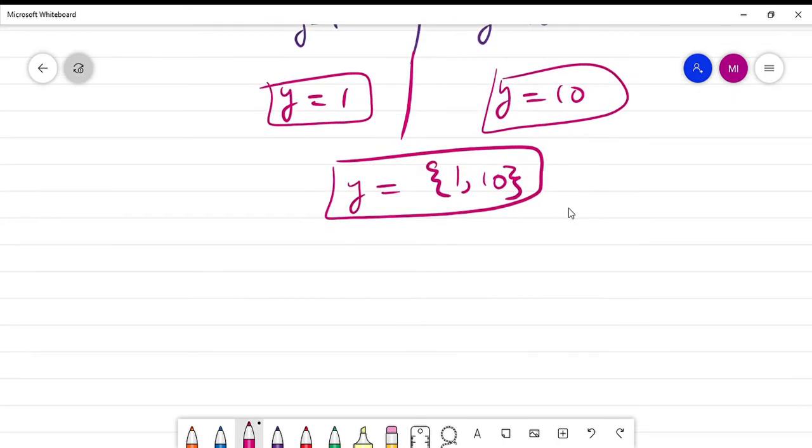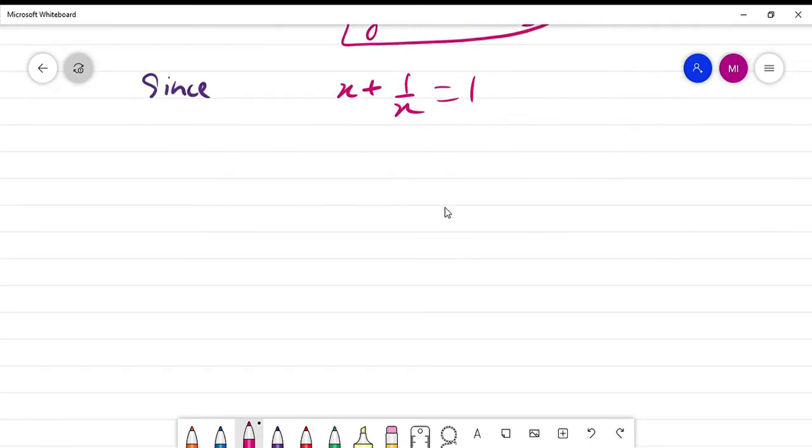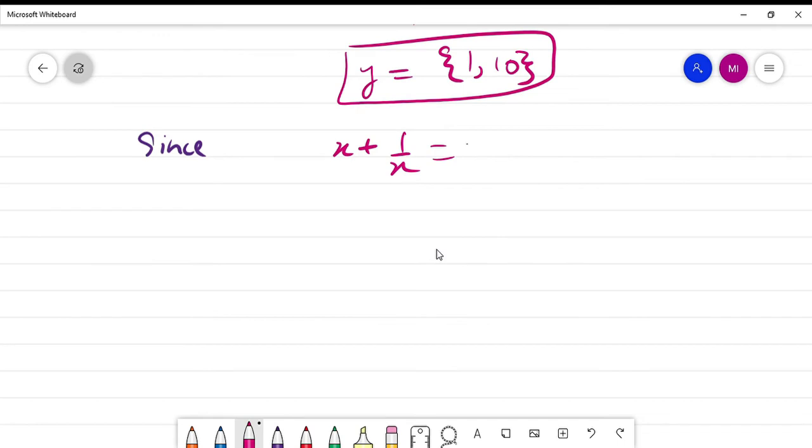Now we have values of y, and we're going to put them in the equality x plus 1 over x is equal to y. We're going to put each of y's values into this relationship, and we're going to find values of x. So for y is equal to 1, x plus 1 over x is equal to 1.